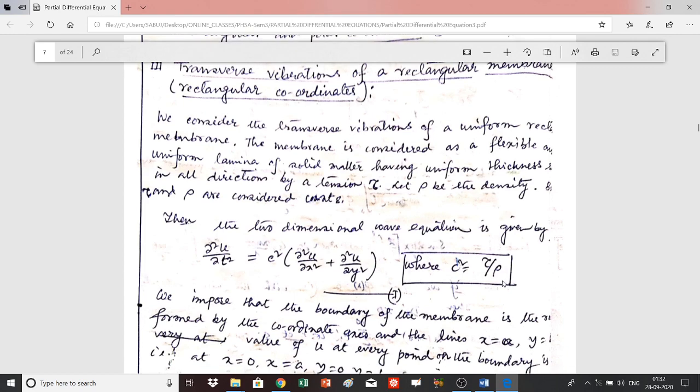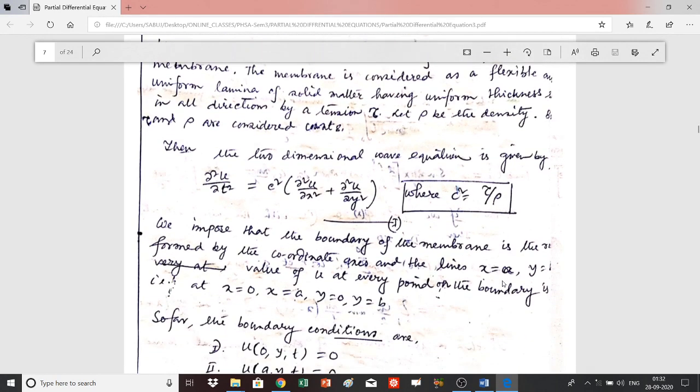In this case, obviously, c² is tau over rho. Now we impose the boundary conditions of the membrane. The membrane is formed by the coordinate axes, that is the x axis and y axis, and the lines x equal to a and y equal to b.